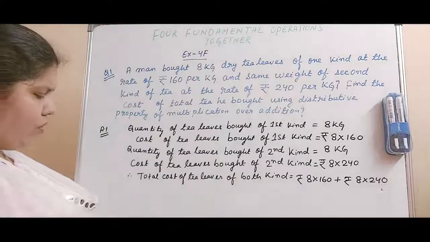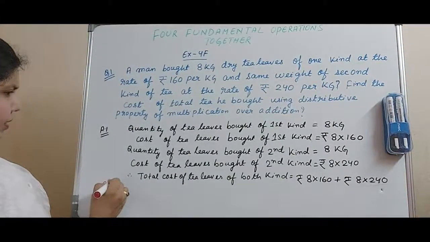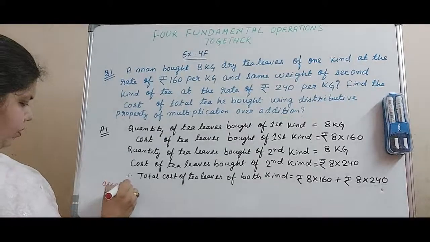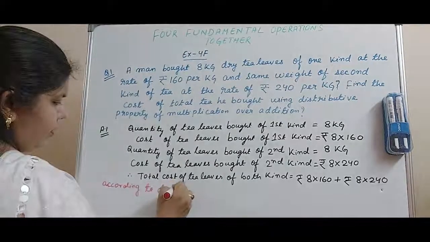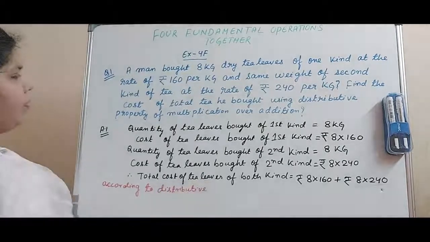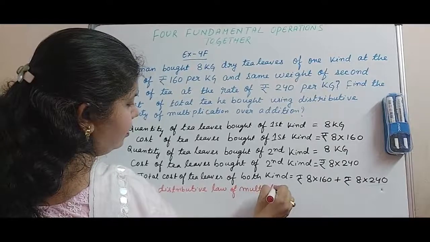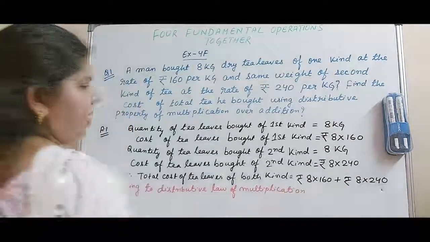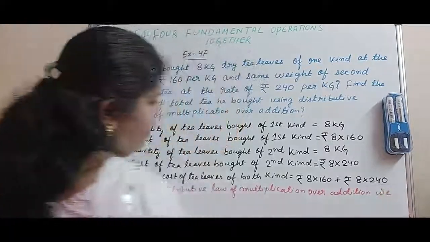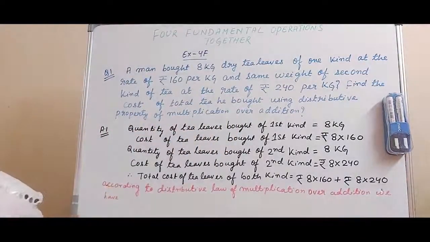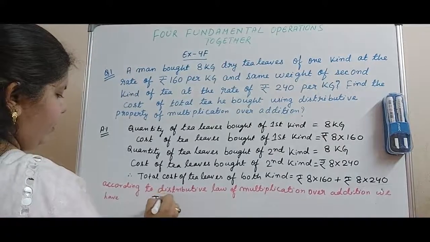According to distributive law of multiplication over addition, this will be written as rupees 8, you will keep it outside the bracket.